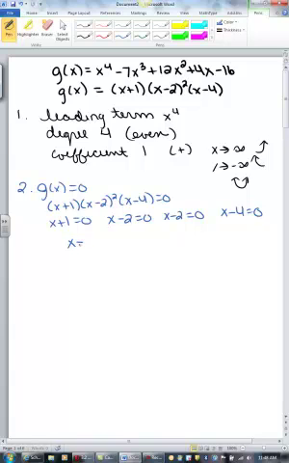So we get x equals -1, 2, and the 2 occurs twice. We don't need to write that multiplicity. I'll just know that it does have a multiplicity of 2 and 4. Okay, so those are going to be our x-intercepts, -1, 0, 2, 0, and 4, 0.